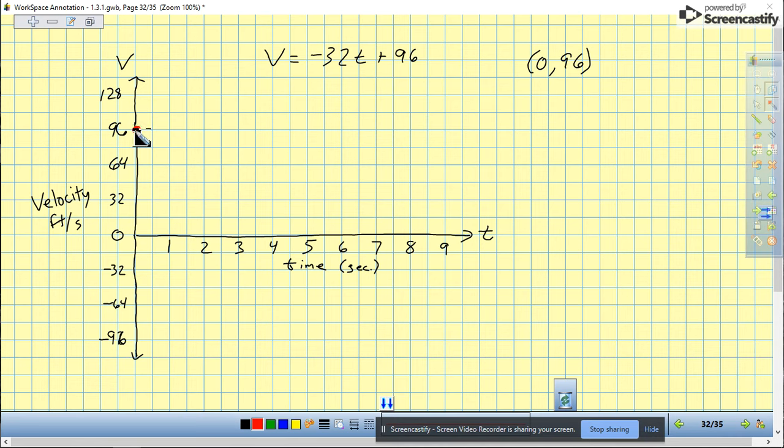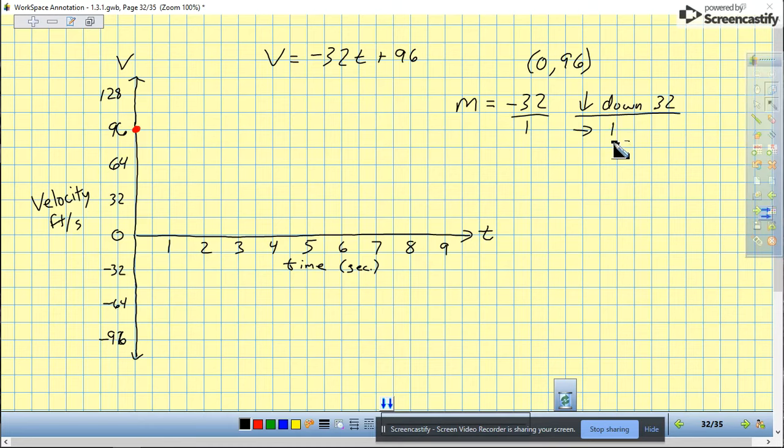Now, my slope, my m, is negative 32, or negative 32 over 1, or down 32 units, a rise of negative 32, and then right 1 unit.